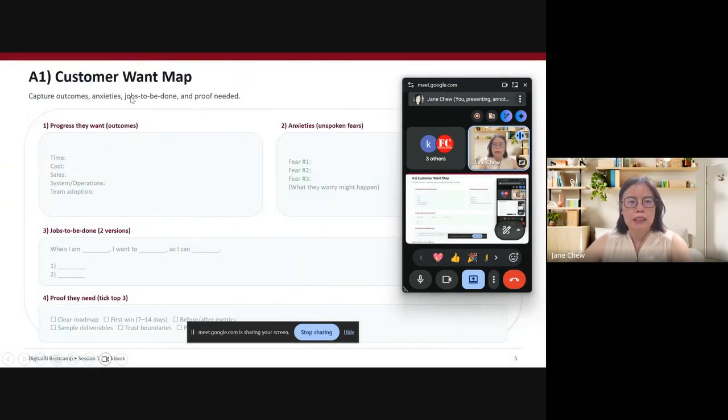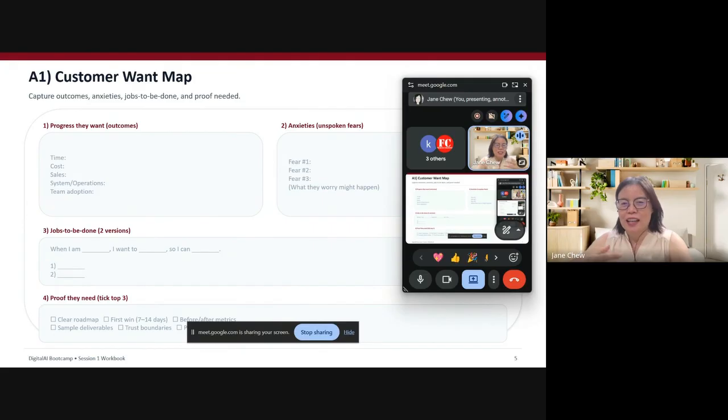So for example, under the customer psychology map, you will need to have an idea of the kind of progress they want and what kind of anxieties they have, because we need to find out what is deep down in their heart. Sometimes they don't tell you, but actually it's there.